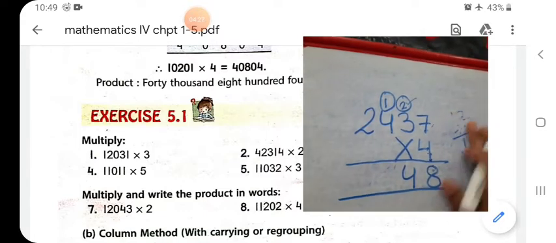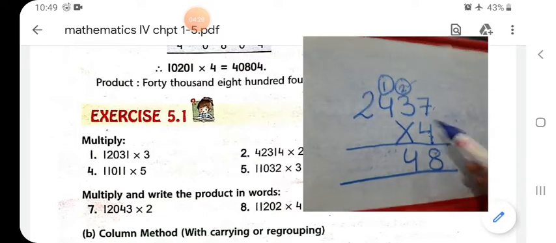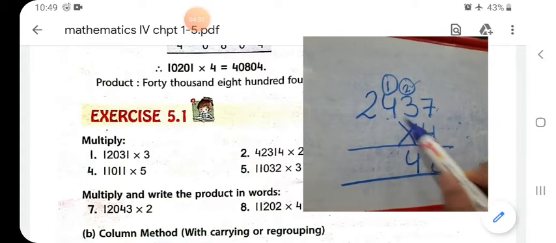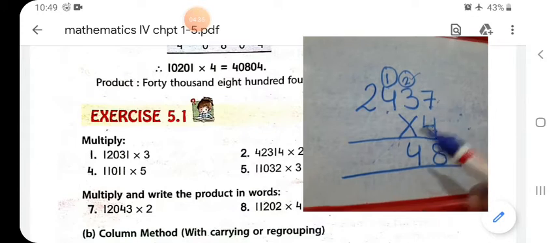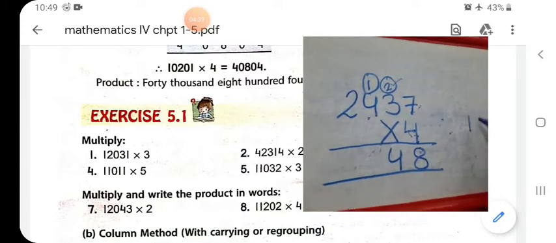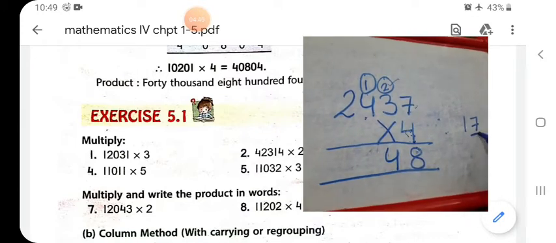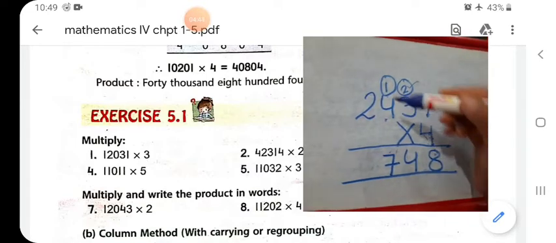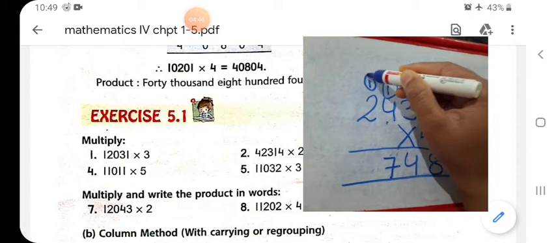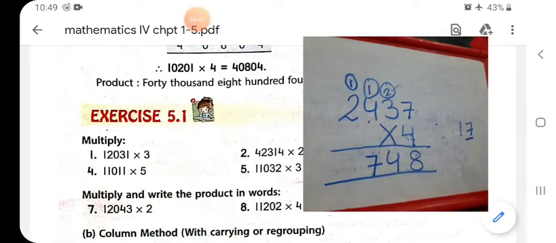Now next, 4 multiplied by 4. 4 fours are 16, and 1 plus is 17. So in 17, 7 is at one's place, so we will write it here, and 1 will be carried to the next number, 2.